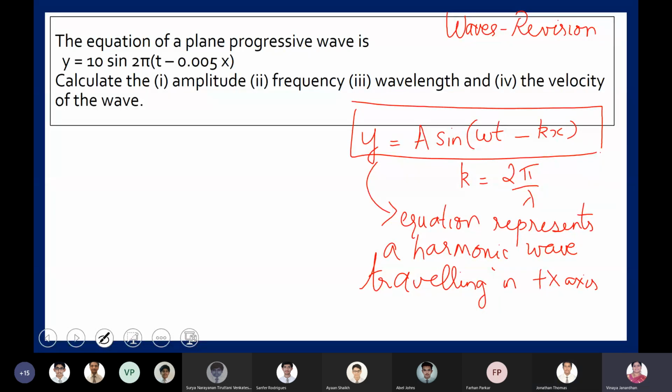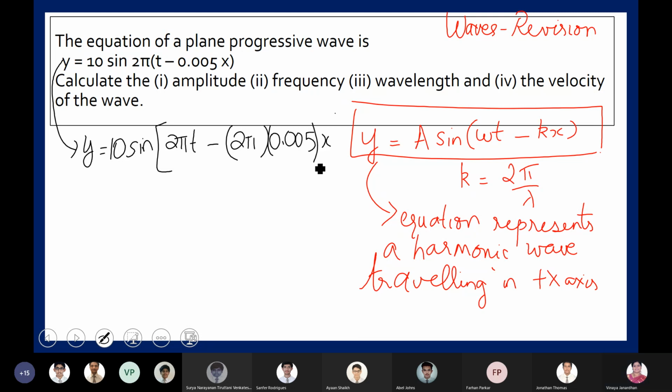All right, ma'am. Now this is the equation: y equals 10 sin of, I'll take 2π inside, 2πt − 2π × 0.005x. Now you compare both equations.